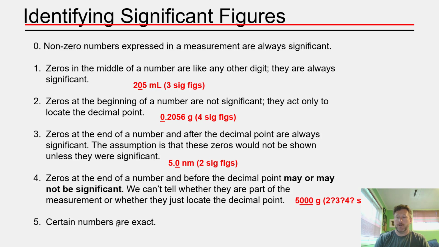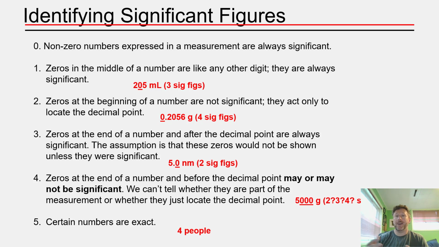It's an exact number. So if I count people in class and I say, well, there's 4 people in class today, hopefully there's more than that. But if there's 4 people in class today, then I know there's exactly 4. I don't have any trouble deciding whether there is or is not 5 people or 3 people. I know there's exactly 4 people.